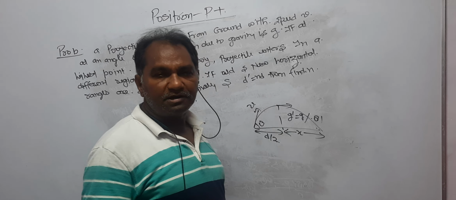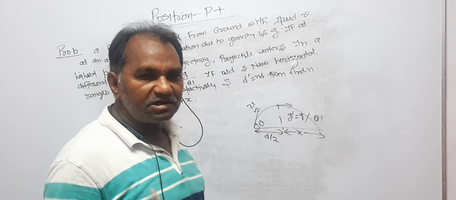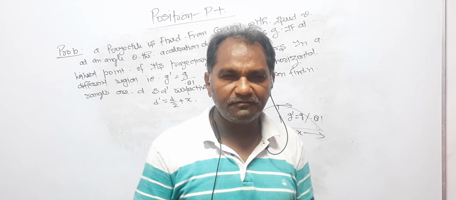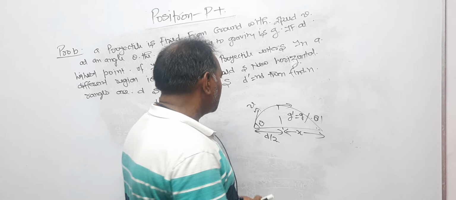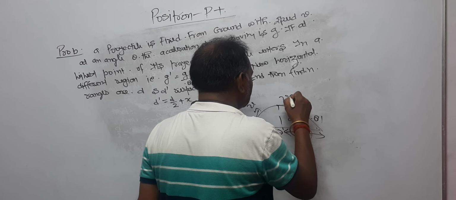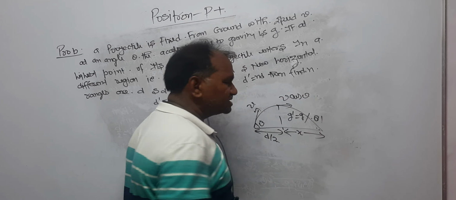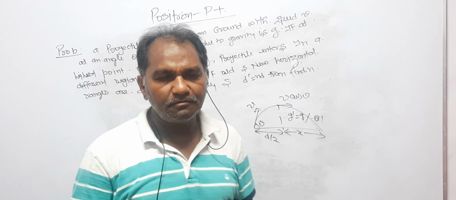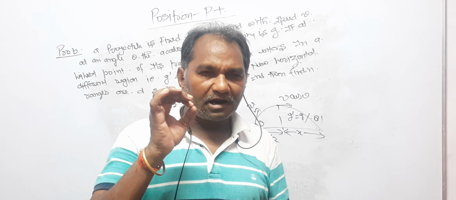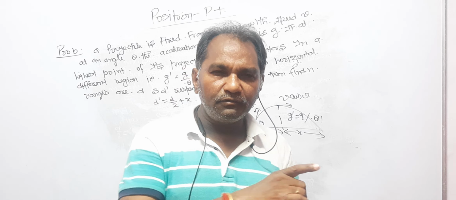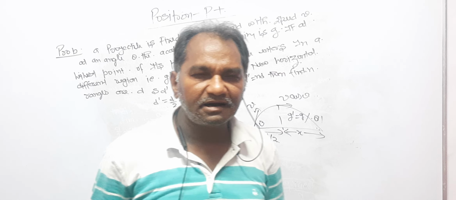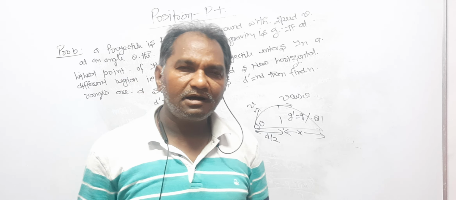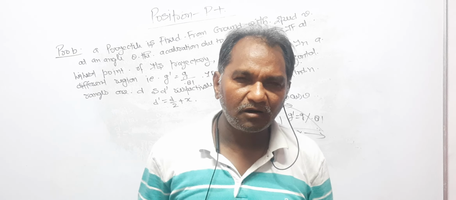So dear students, at the highest point of the trajectory, the vertical velocity becomes 0 and the particle is left only with the horizontal velocity. Horizontal velocity is v cos theta. In projectile motion, the one and only acceleration acting is the acceleration due to gravity, acting vertically downward.